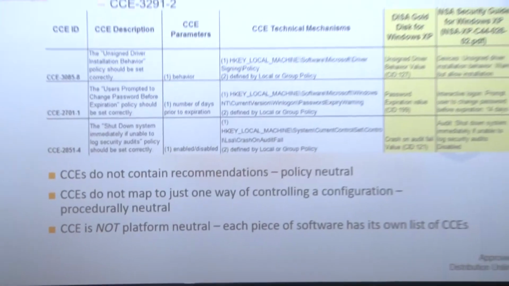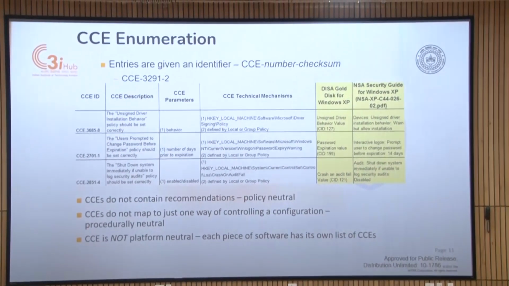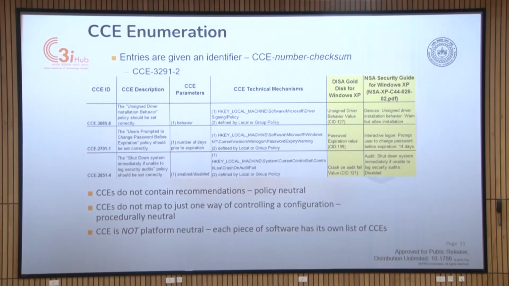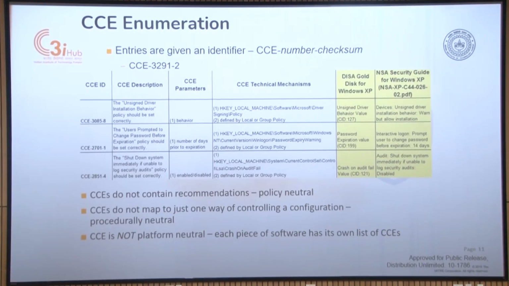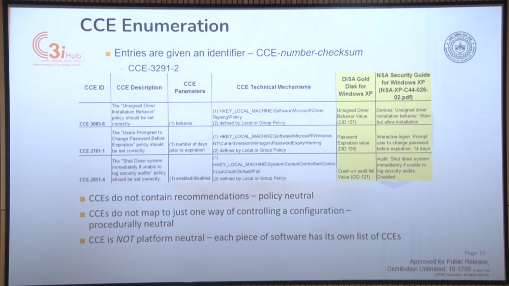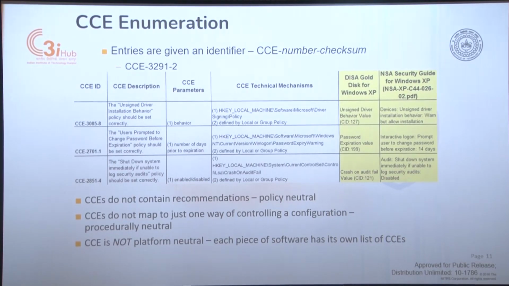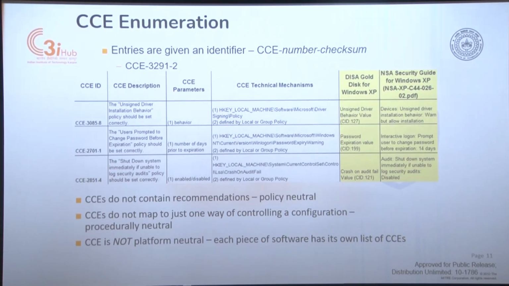Now, the next one is CCE, or Common Configuration Enumeration. There are many configurations for every piece of software, right? For software like Windows, there would be tens of thousands of different ways of configuring it, and we mean this for its various components.